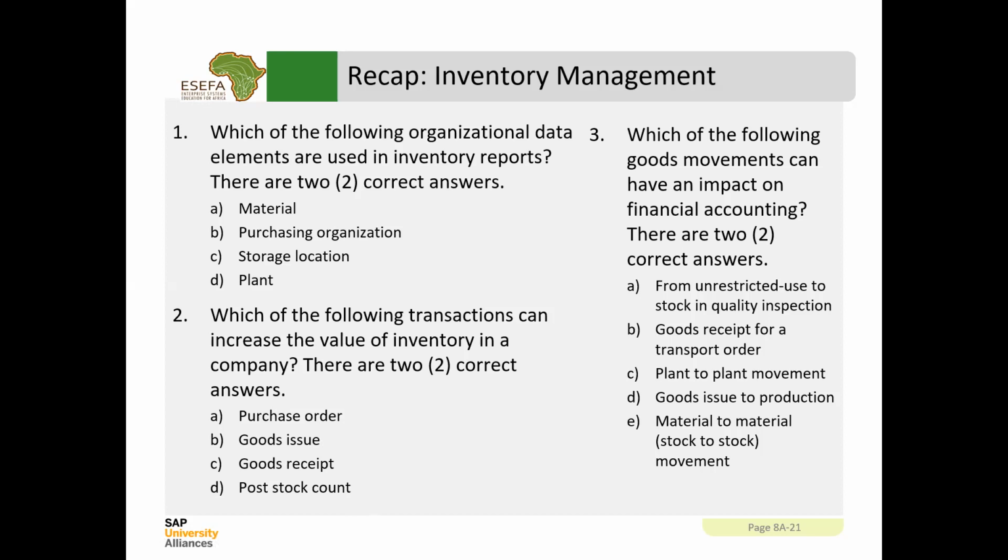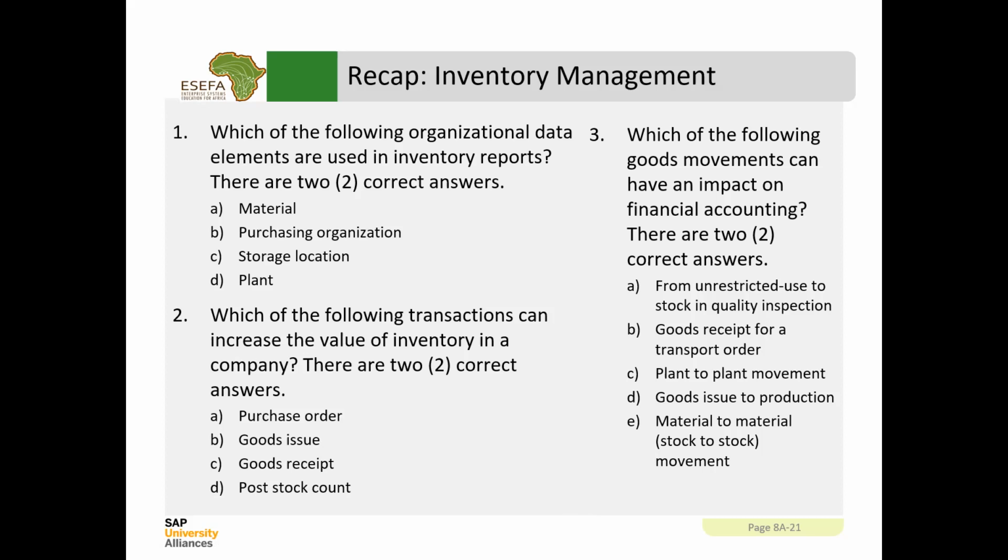For Damilola, let's see. You said goods issue. When you issue, remember there's a silent word here: increase. So we must be careful with word statements like this in our exam. You have to read in between the lines. Which of the following transactions can increase?